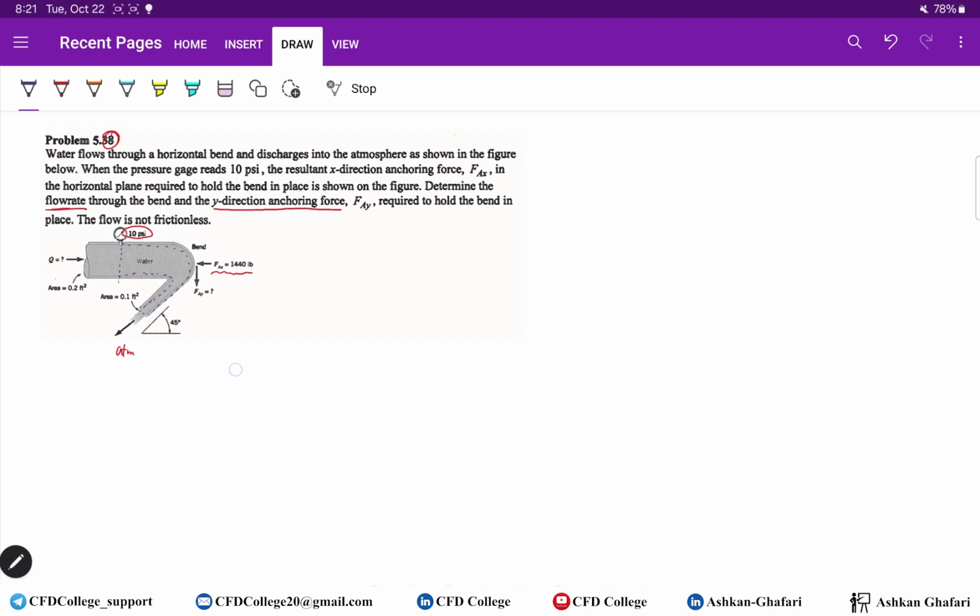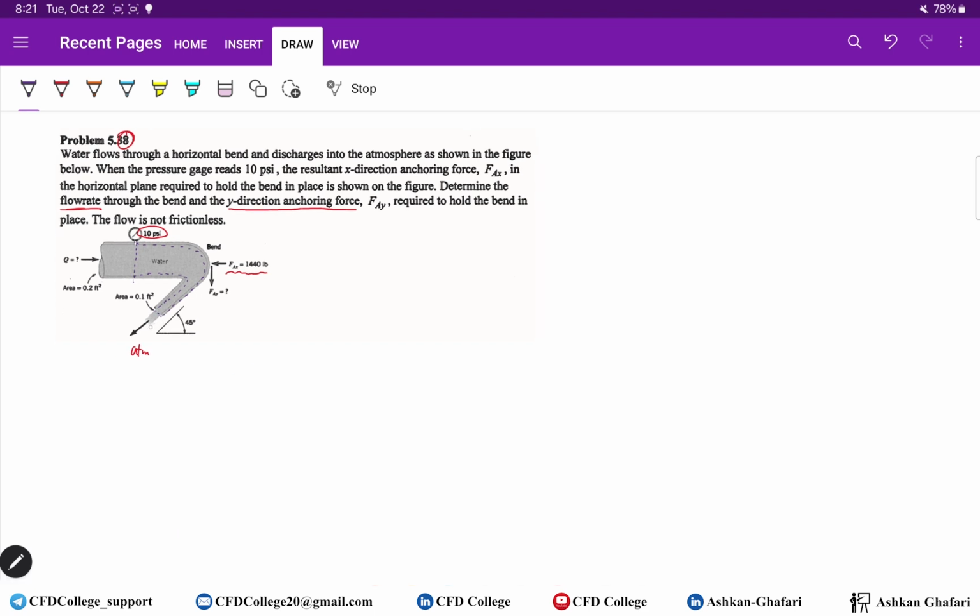So again, the control surface should be perpendicular to the outflow. So here we have control surface 2. Here we have control surface 1. Why do I pick this section? Because we know the pressure, and we also know the pressure at the outlet. It's atmospheric pressure.